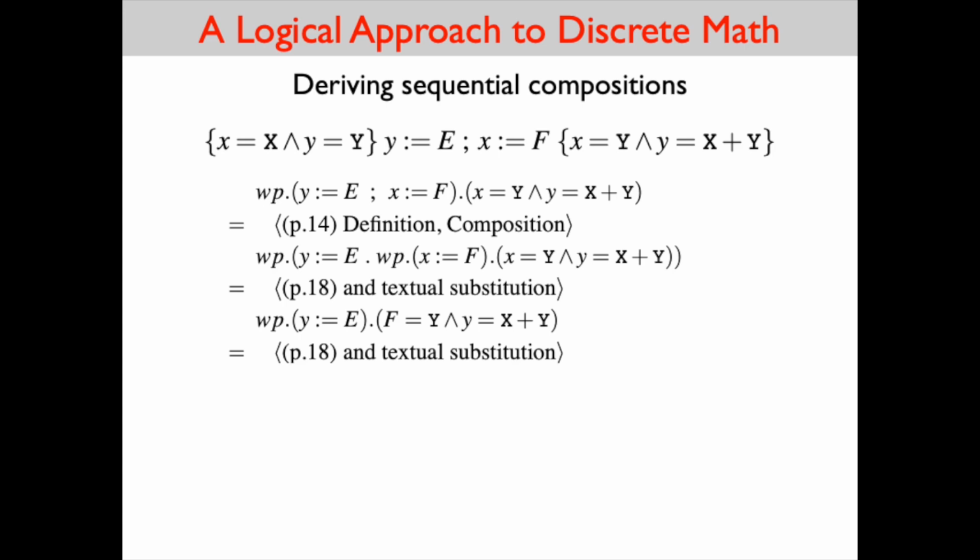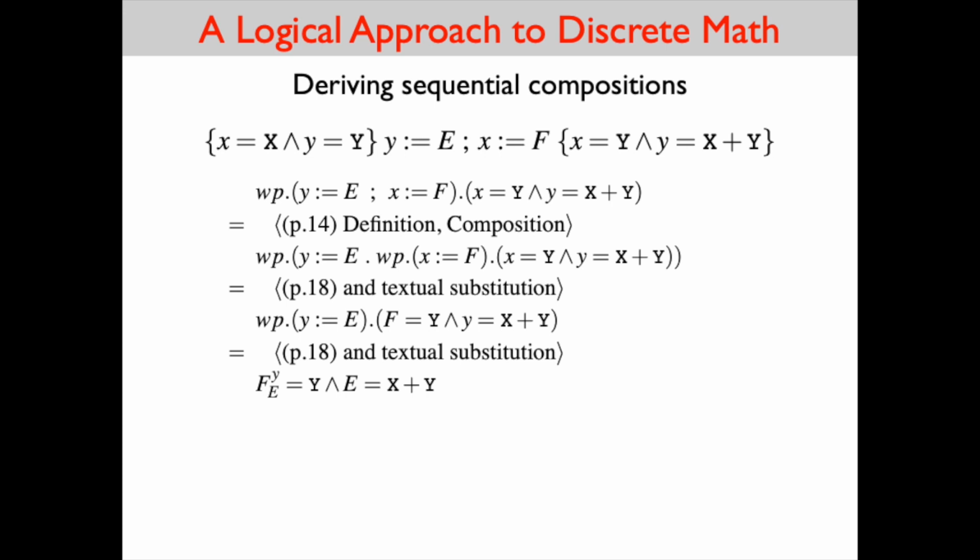So we're going to use P.18 again. But now, everywhere in the postcondition that there is a y, you have to replace it with uppercase E. But here's the thing. Obviously y appears in that postcondition in the expression y equals rigid x plus rigid y, but y might also occur inside f.